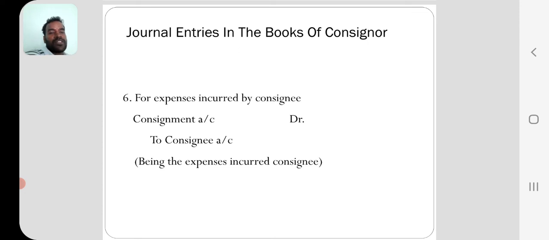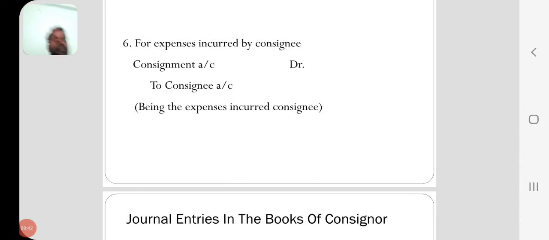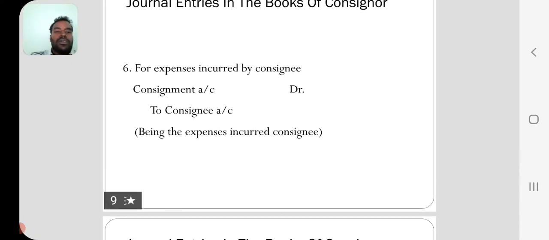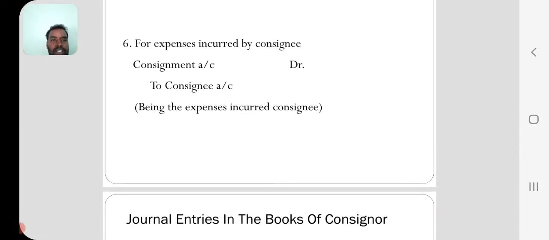For expenses incurred by the consignee: Consignment account debit to consignee account, being the expenses incurred by the consignee.